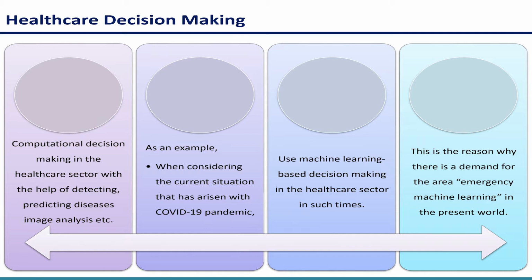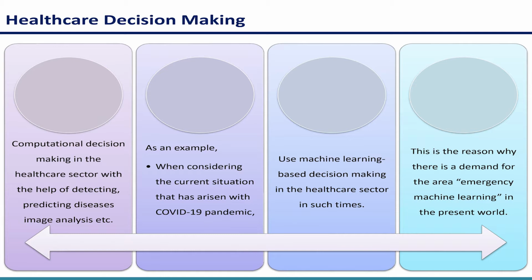For example, consider the current situation that arose in the COVID-19 pandemic. They can help with computational problems, so machine learning based decision making is being used in the healthcare sector. Such use is very effective.